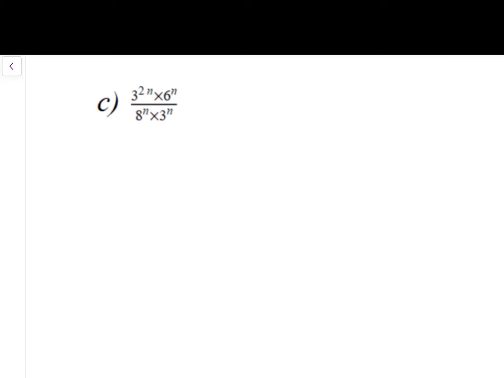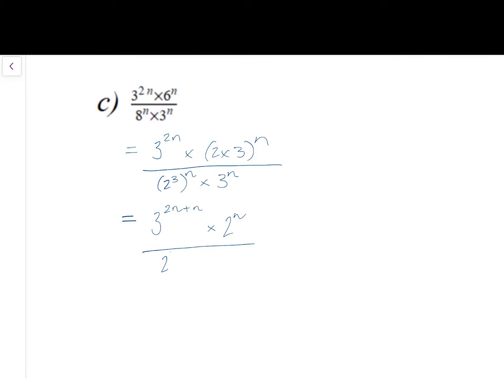Let's use prime decomposition to break our 6 and 8 down into the prime factors. 3 to the power of 2n times 2 times 3 to the power of n, all of this over 2 cubed to the power of n times 3 to the power of n. 3 to the power of 2n plus n times 2 to the power of n, all of this over 2 to the power of 3n times 3 to the power of n.